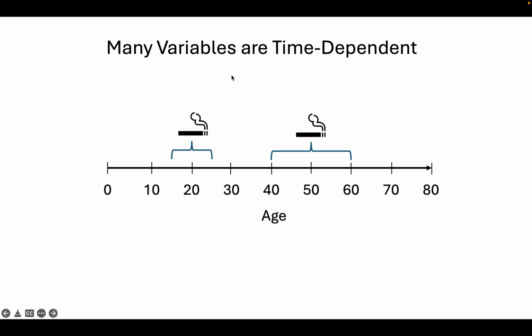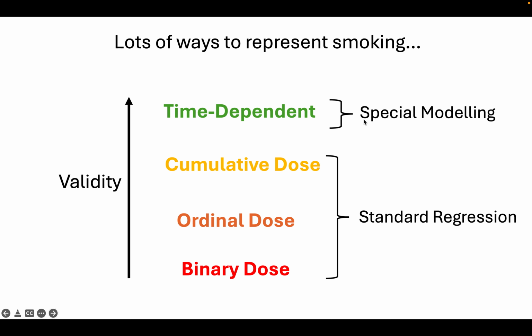So a lot of variables are time-dependent, whether we model them that way or not. An example here is smoking, where an individual didn't just smoke from birth to death. Assuming follow-up is over their lifetime, there were periods where they were exposure negative and positive, and there's lots of ways you can represent this. The simplest is just binary.